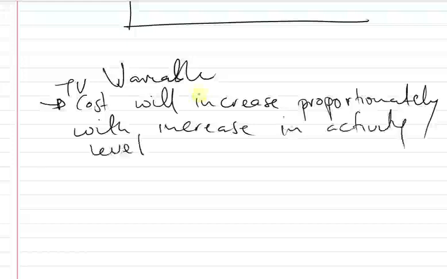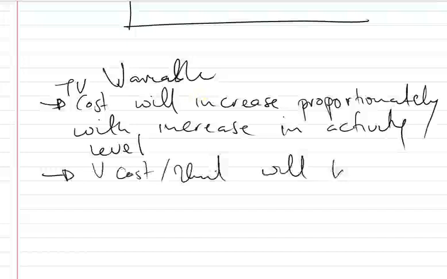While variable cost per unit will be constant. So we came up with a graph like this for total, while for variable cost per unit it is like this.